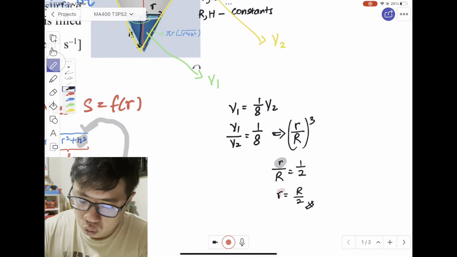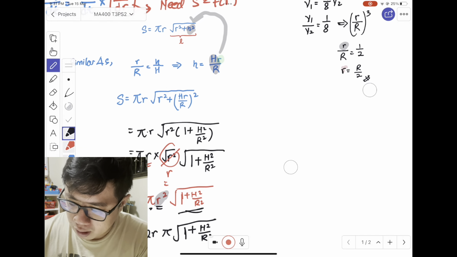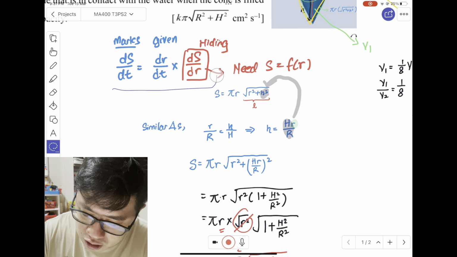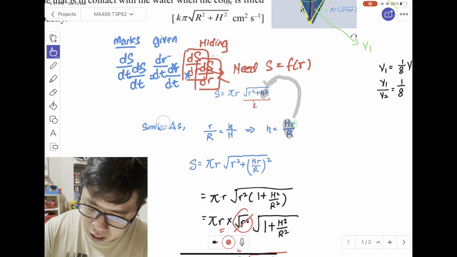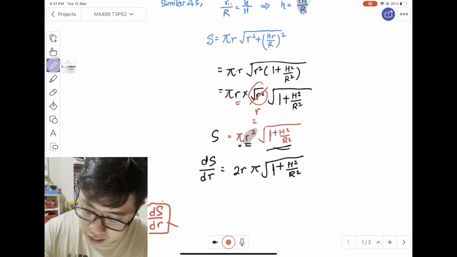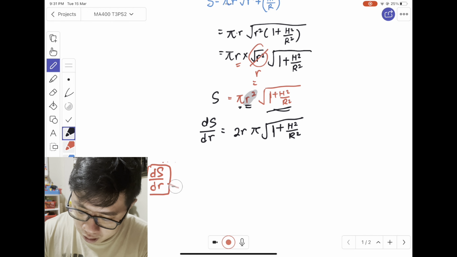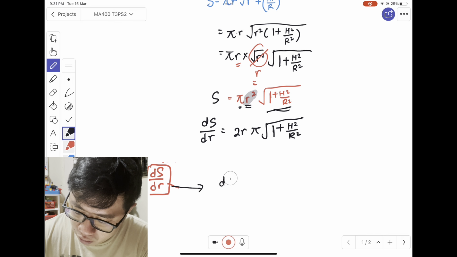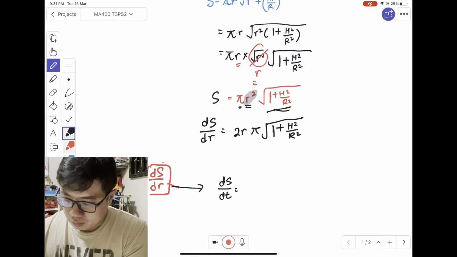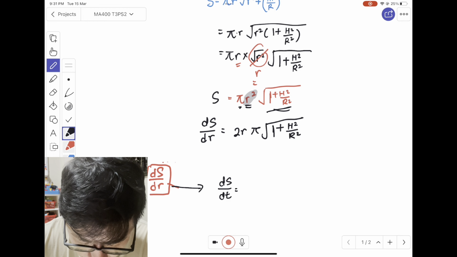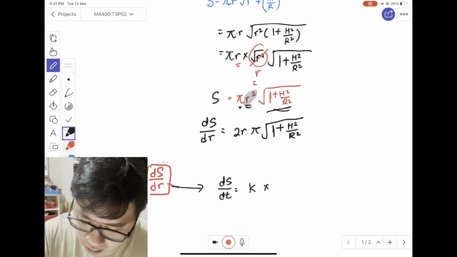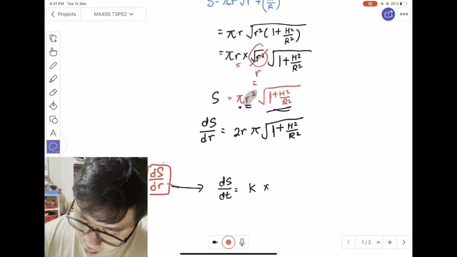Okay, so what we're going to do now is form this equation. I'm already ready to use this equation. I'm going to bring it down, and you can see that with this equation, the rate of change of the surface area of the cone, ds/dt, is just equal to k multiplied by this entire ds/dr over here.